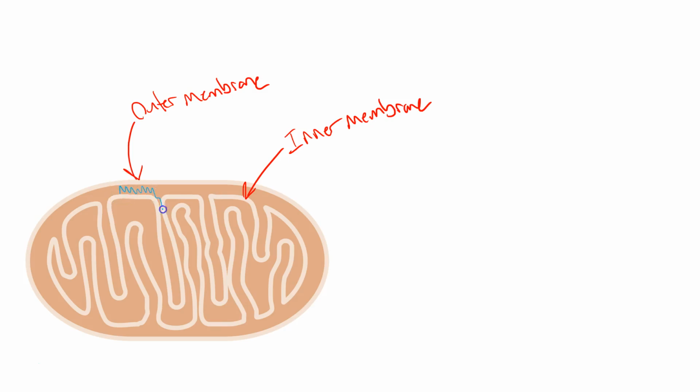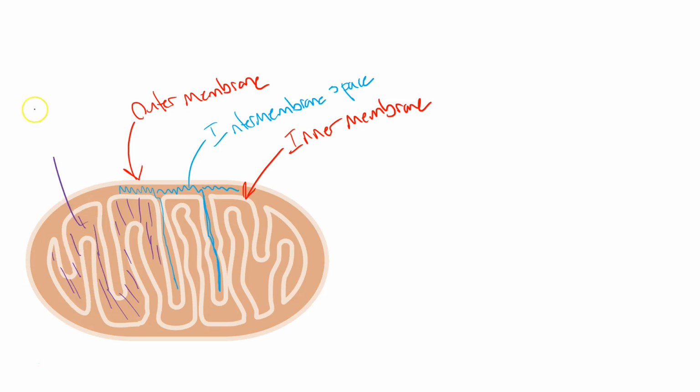So that's the space that you see in between the inner and the outer membrane. Okay, so this is the intermembrane space. And then lastly, there is a part of the mitochondria, the very innermost part here, and this is called the matrix of the mitochondria.